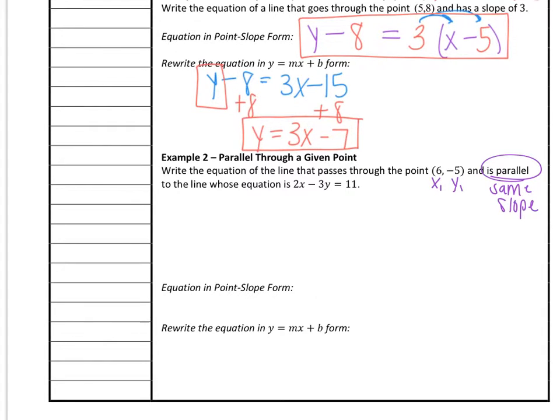In order to write our new equation, we need to know the slope of this equation, because remember, we want the same slope. So your first step is to get it in y equals. I'm going to do that up here on the board while you work on it on your own paper. Remember, we did this a lot yesterday, so you should be pretty practiced with it.